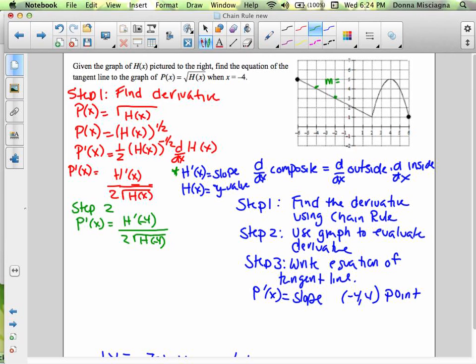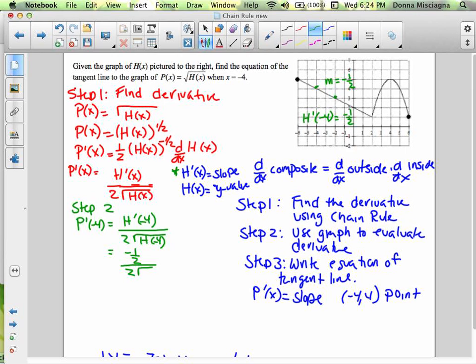So this slope is -1/2. That means that h prime of -4 is -1/2. So where we see h prime of -4, we're going to put in -1/2. So we have -1/2 divided by 2 square roots.